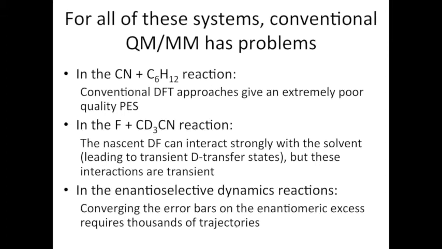The other thing I mentioned is that QMMM is extremely bad at treating non-equilibrium energy flow. If all you ever do with QMMM is umbrella sampling or some sort of equilibrium sampling method, probably okay.